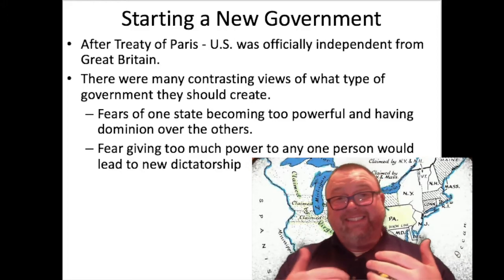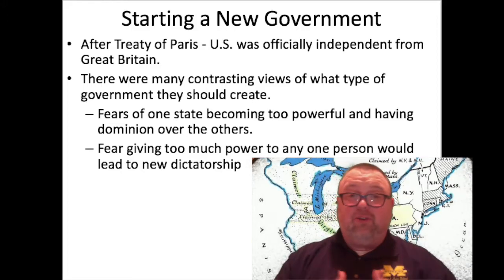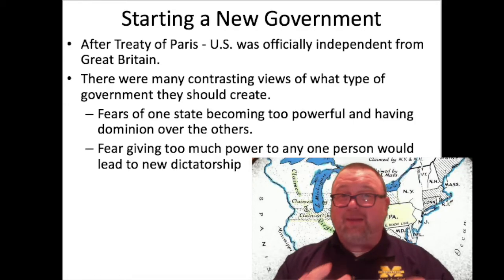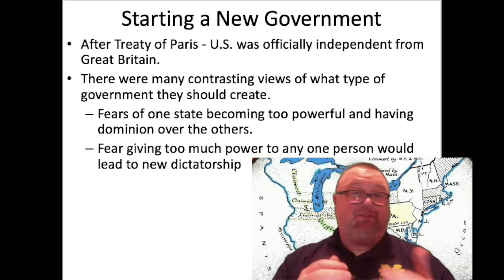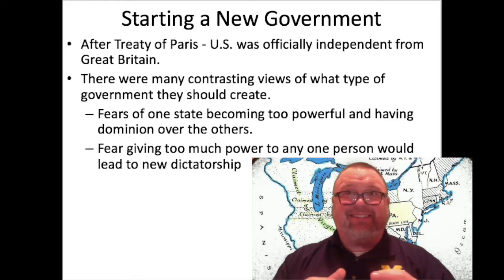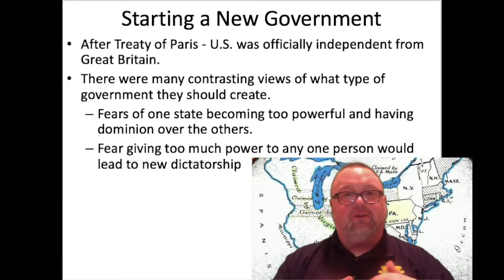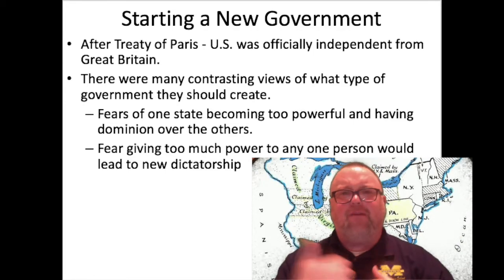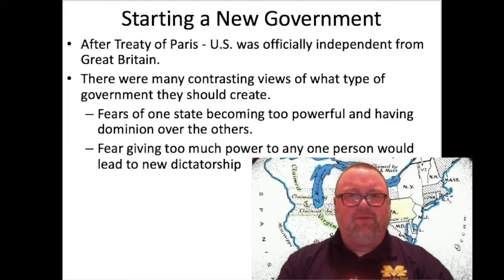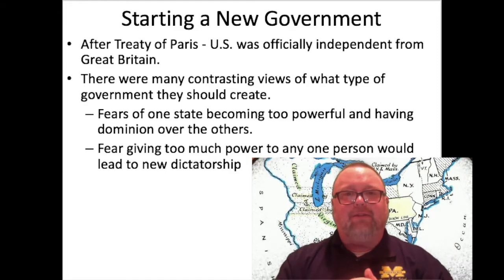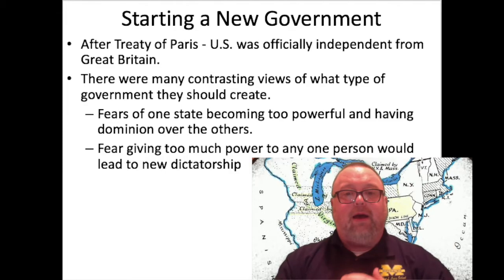They also worked together really great during the Revolution, but you have to remember these were 13 separate colonies that are 13 states now, and they still see each other as different, as separate. And there was a lot of mistrust over, I'm from New Jersey, why should I have people from Virginia telling me what to do? So they were worried about one state having dominance over the other ones.